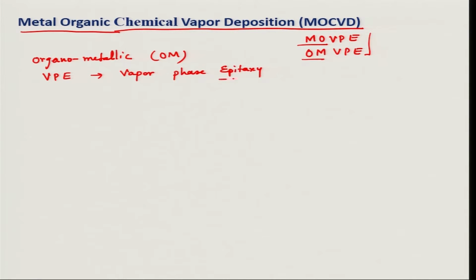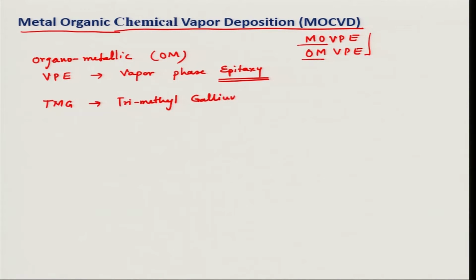Now, we understand CVD, but VPE is vapor phase epitaxy. What the term epitaxy means we will learn in more detail in the next lecture, but this is a simple CVD reaction which is mostly used for epitaxial growth. Now, it gets its name MOCVD because the reactants in this case are mostly organometallic compounds like TMG, which is trimethyl gallium.